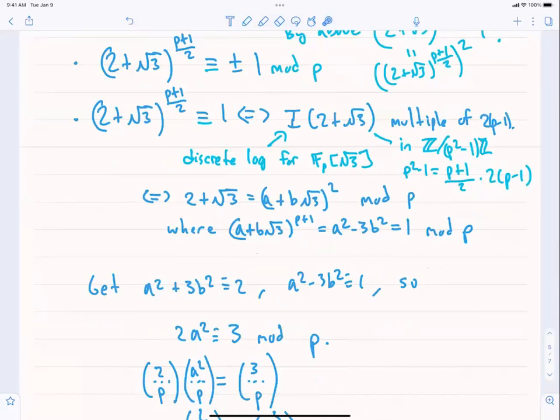But if you think about what that means, well, that means I can write 2 plus square root of 3 as the square of some element that itself satisfies that its p plus first power is equal to 1 mod p.